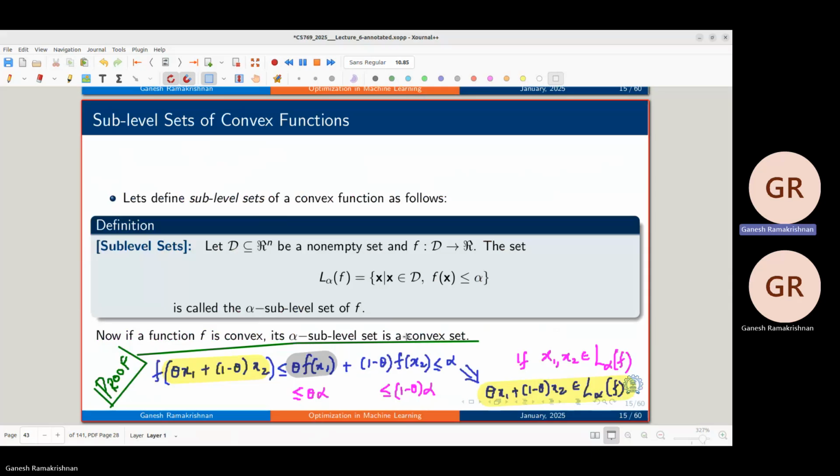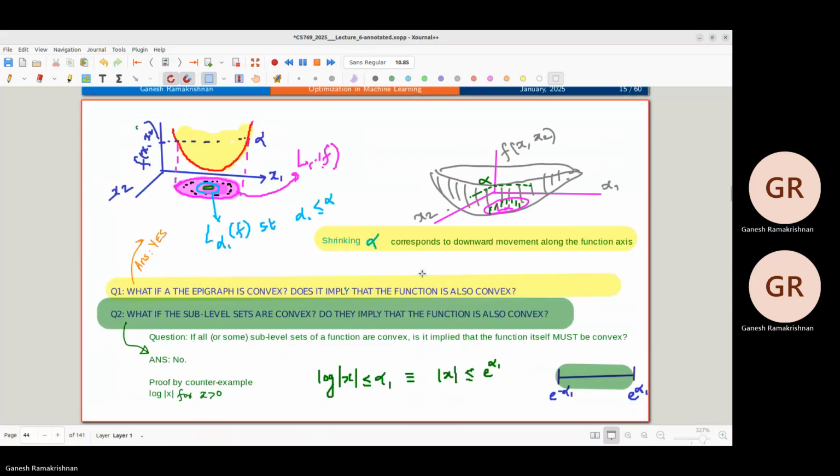Now I'm going to leave you with a homework problem. There is another notion, which is the epigraph. I want you to think about this. Epigraph operates in the function space. So if a function is going from R2 to R, the epigraph is in R3. Sublevel sets are in R2.